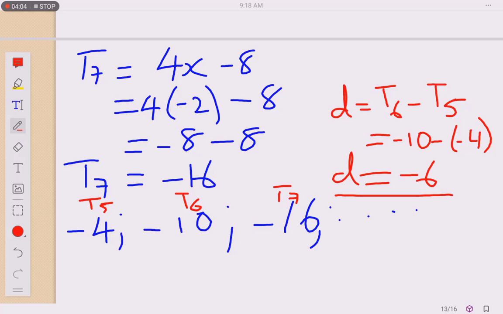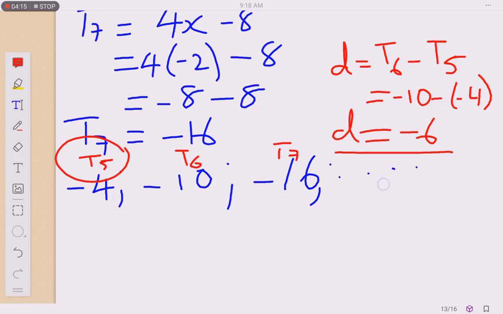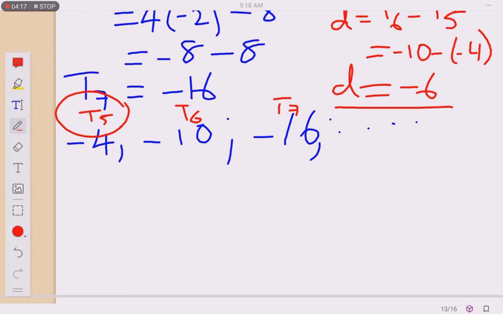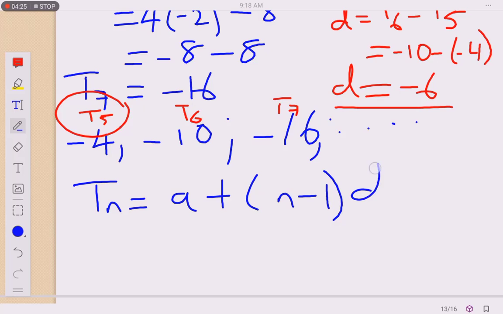So having that, let's find the first term, because we are starting here at T5. We want to find the first term so that we have the sequence. Let's do that. I'll have Tn is equal to A plus n minus 1 times D. I now have all the terms.